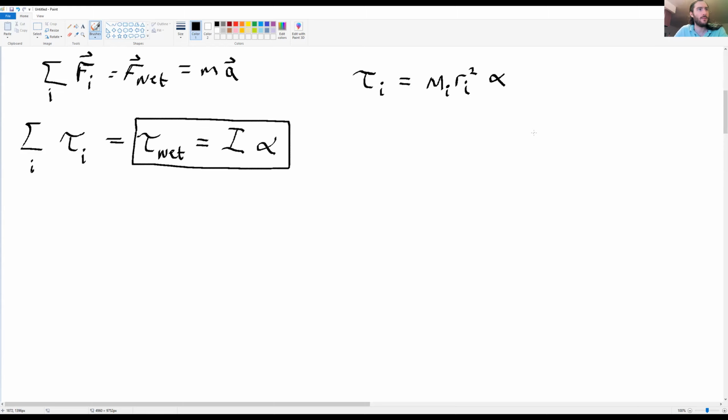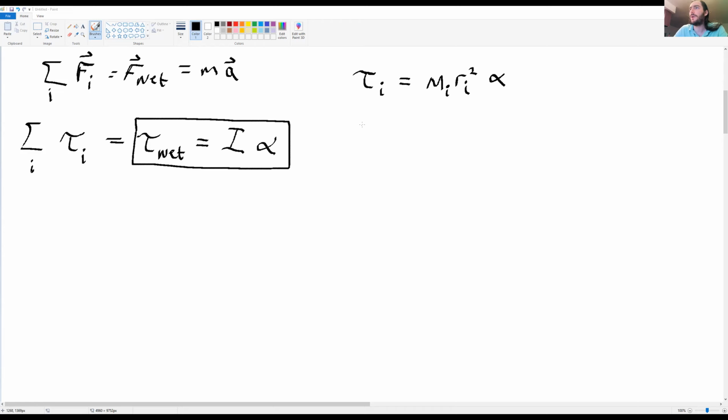Every little bit of mass inside of an object will have the same angular velocity. But the actual velocities of those objects could be different depending on how far away they are from the center of mass. And of course, the mass that is located at the center of mass has zero velocity, right? By definition.